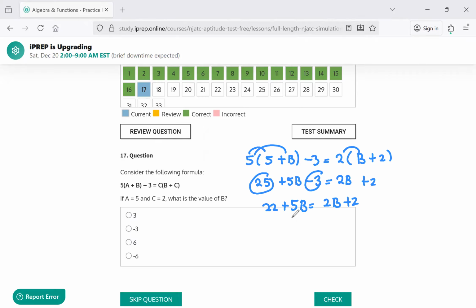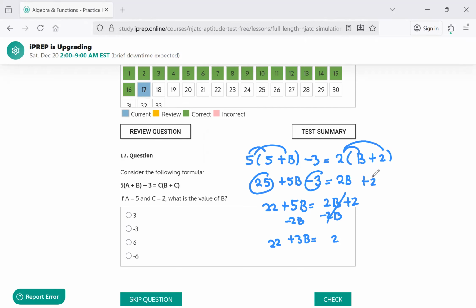So I'm going to subtract 2b, and then what's 5b minus 2b? That is 3b. Wait, whoops, I made a mistake here. I didn't FOIL this enough.